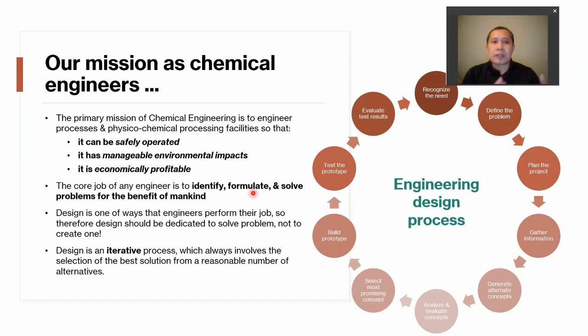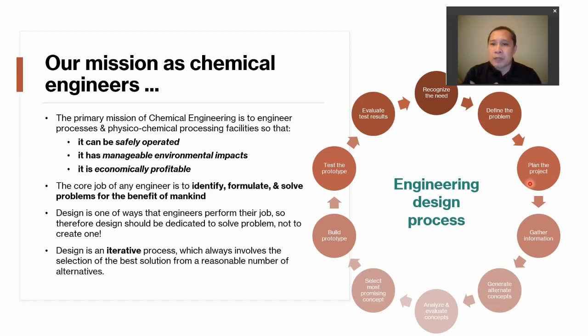Design is actually just one of the ways that we as engineers perform our job, so design should be dedicated to solving problems, not creating them, of course. As you can see on the right-hand side, the engineering design process is an iterative one where we start with recognizing the need, and then we define the problem that needs to be solved.